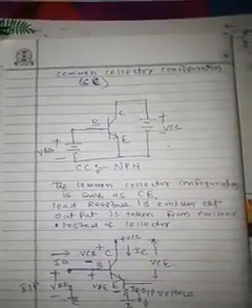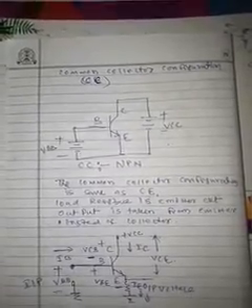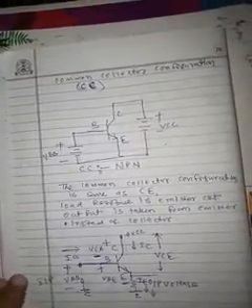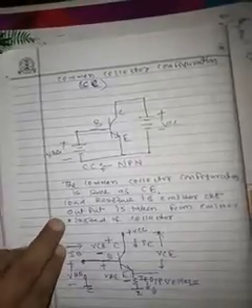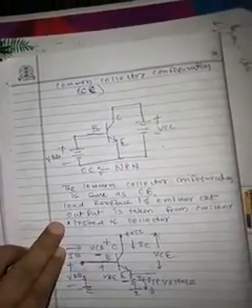Here you can observe that the common collector configuration is similar to the common emitter configuration. The load resistance is in the emitter circuit, and output is taken from the emitter instead of the collector.